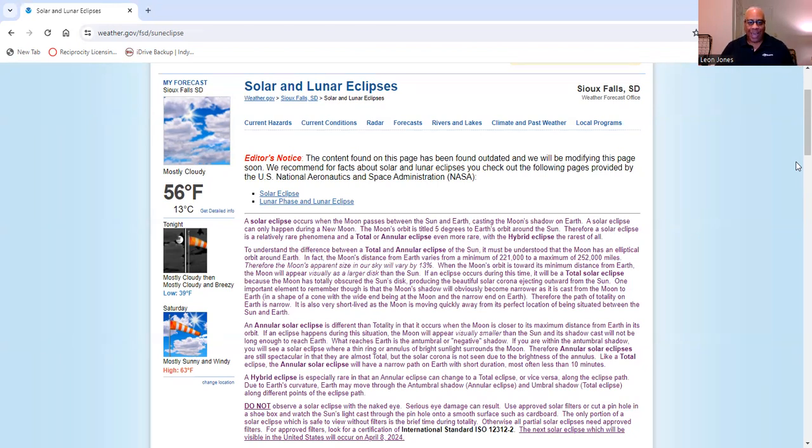Now, an annular solar eclipse is different from totality in that it occurs when the moon is closer to its maximum distance from the Earth in its orbit. So, if an eclipse happens during this situation, the moon will appear visually smaller than the sun, and its shadow cast will not be long enough to reach Earth.